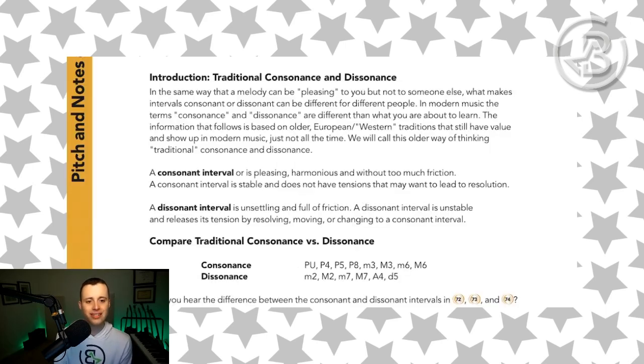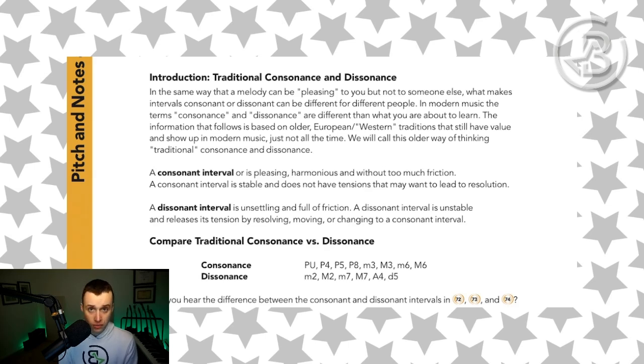To understand where these names come from, we need to take a step back in history and talk about traditional consonants and dissonants. So in the same way that a melody can be pleasing to you, but not to someone else, what makes intervals consonant, which means pleasing, or dissonant, which means not pleasing essentially, can be different for different people.